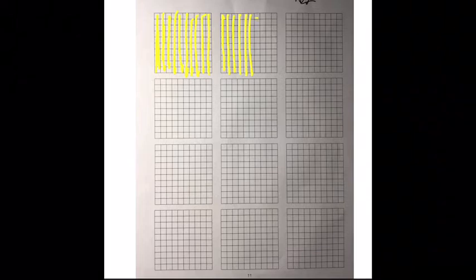So we know that it's 1 whole and 10, 20, 30, 40, 50, 60, 1 and 62 hundredths. And we need to make 6 groups.